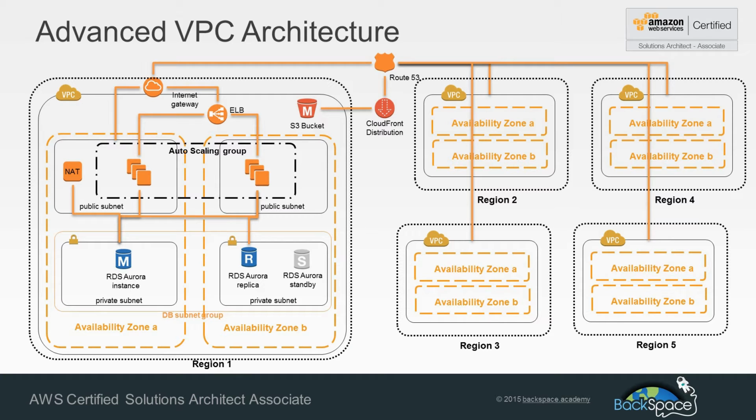Then we would have a global architecture fronted with Route 53 to distribute that traffic to the least latency or to the best geolocation. And we'd also have that CloudFront distribution, again, distributing with the minimum latency for your end user.